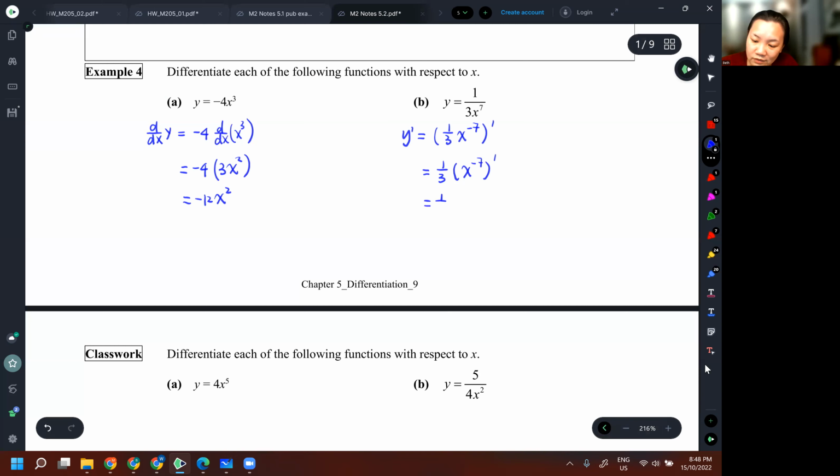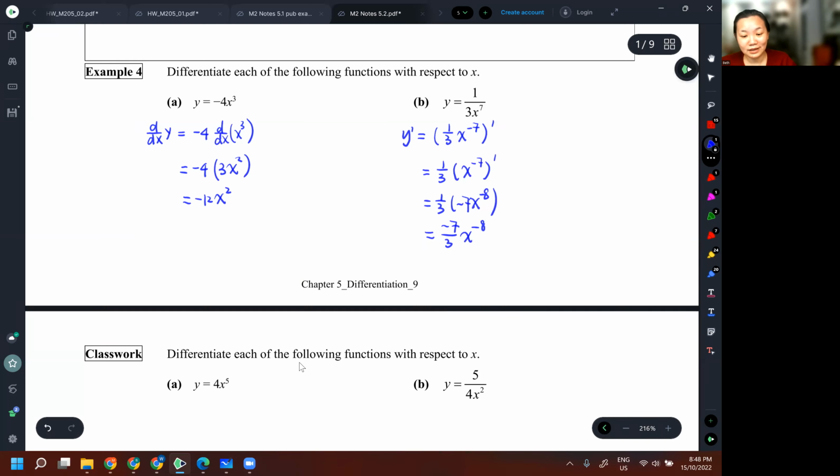And then you get 1/3 times 7x to the 6. Sorry, I made a mistake. It's negative 7 x to the negative 8. So it's negative 7/3 x to the negative 8. Sorry, n is negative 7, not 7.